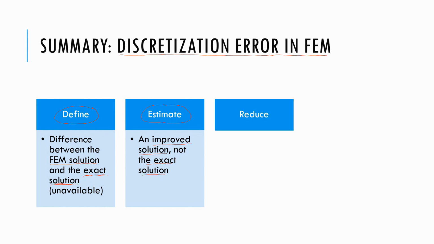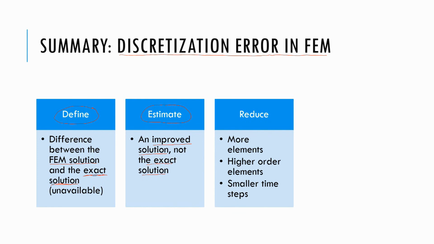Once we got an estimate of the error, then we think of ways to reduce error. And there are three ways to reduce error. One is having more elements. And this is by far the most common way to reduce discretization error.